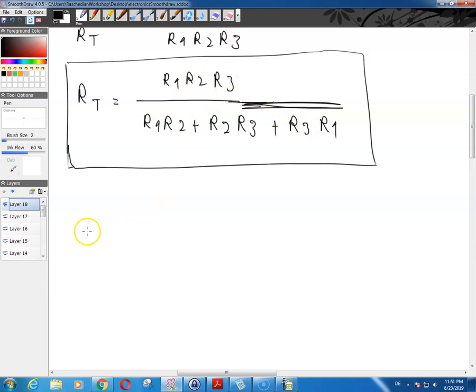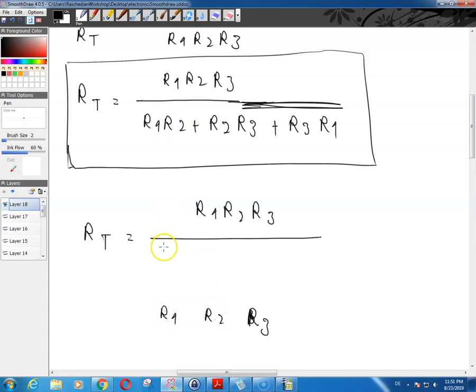So the way to memorize this is R of t is equal to R1 R2 R3 in the numerator, and then if you think of these resistors as a cycle, you start from R1, so you have R1 R2 plus R2 R3, and then R3 R1 going back to the beginning.